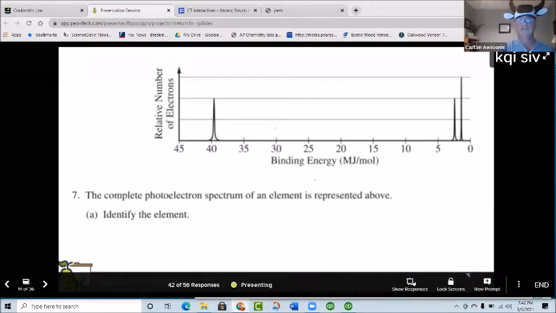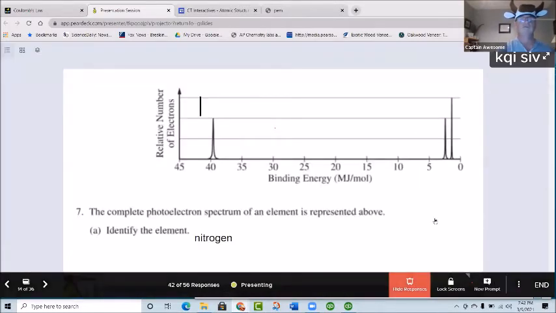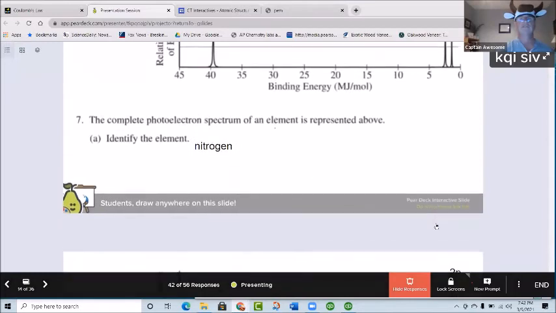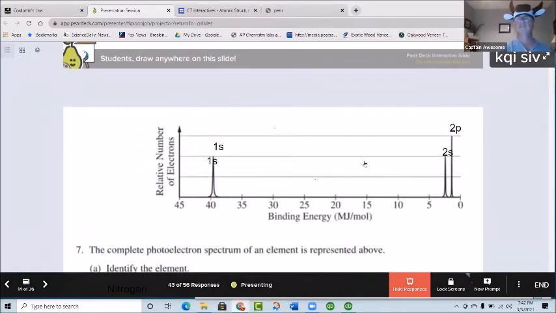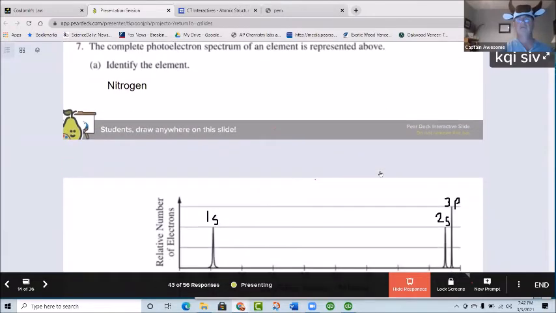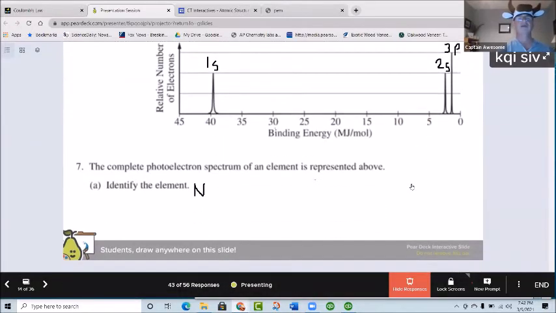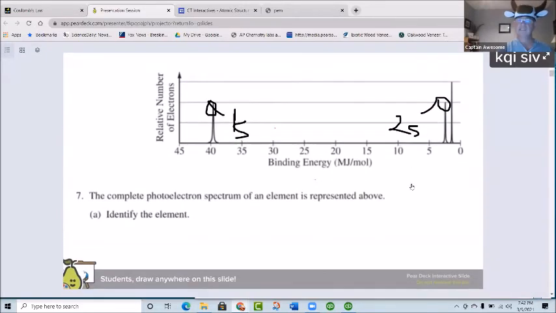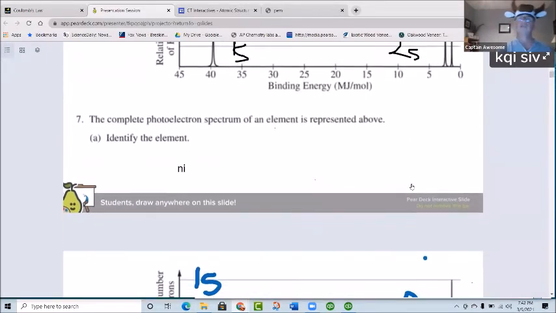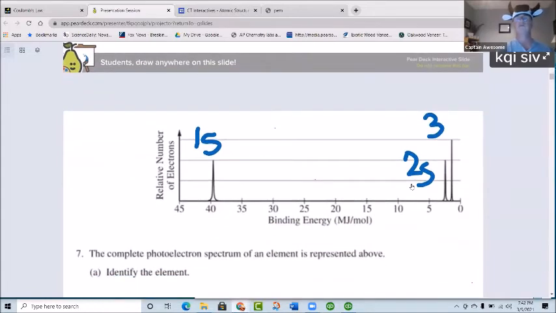So I've got 42 answers. Let's see what some of y'all's answers are so far. Okay, somebody said nitrogen. Yes. 1s, 2s, 2p. Somebody likes to type. I know it's hard to draw with your mouse. Also realize in this Pear Deck, you can totally change colors if you want to. Here's a blue one.